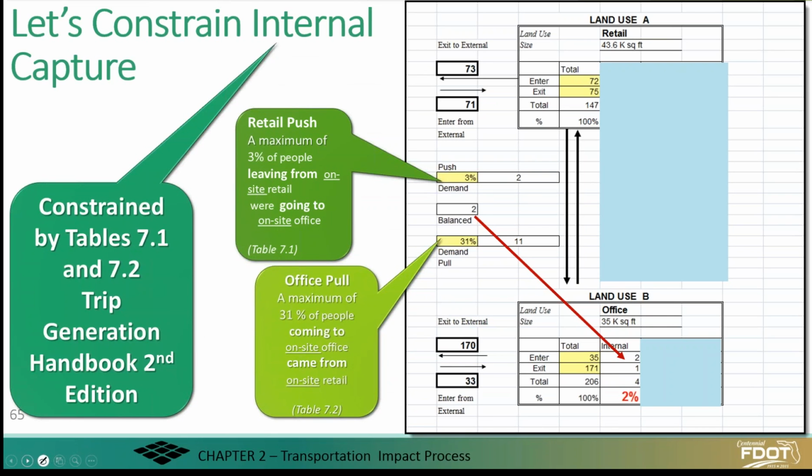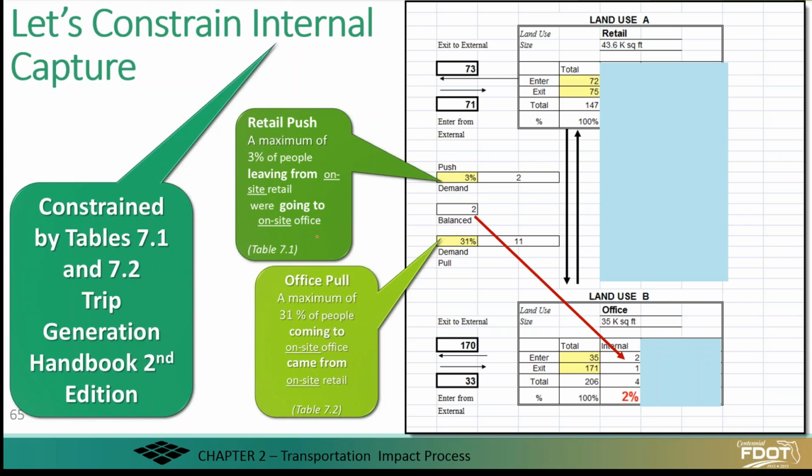Okay, and just historically in the handbook, tables 7.1 and 7.2 of the Trip Generation Handbook have these maximums. So instead of that 100% that you saw here before, a maximum of 3% of people leaving on-site retail were going to on-site office according to the studies done.